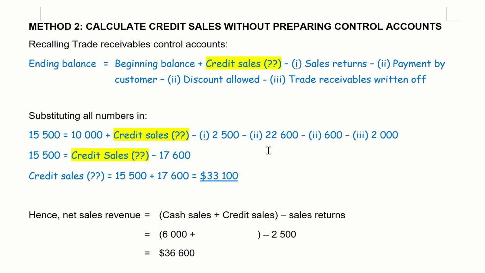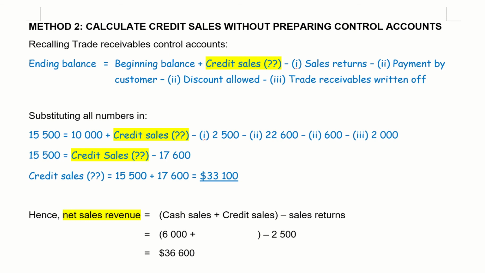So you can see method 2 is really much easier. You don't have to prepare a ledger, but it requires you to transfer whatever you remember into the ledger into a written formula, a written working. Alright? But again, we remember that's not the end of the question. It's only halfway there. The question actually wants you to find out what is the net sales revenue. Right?